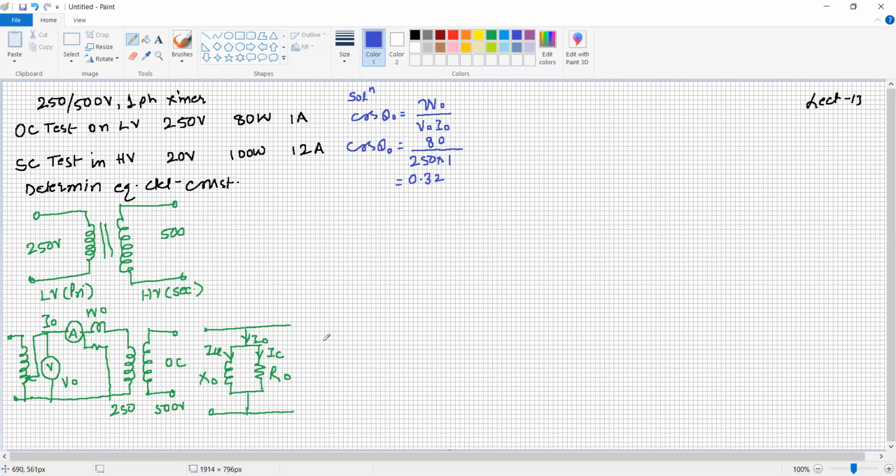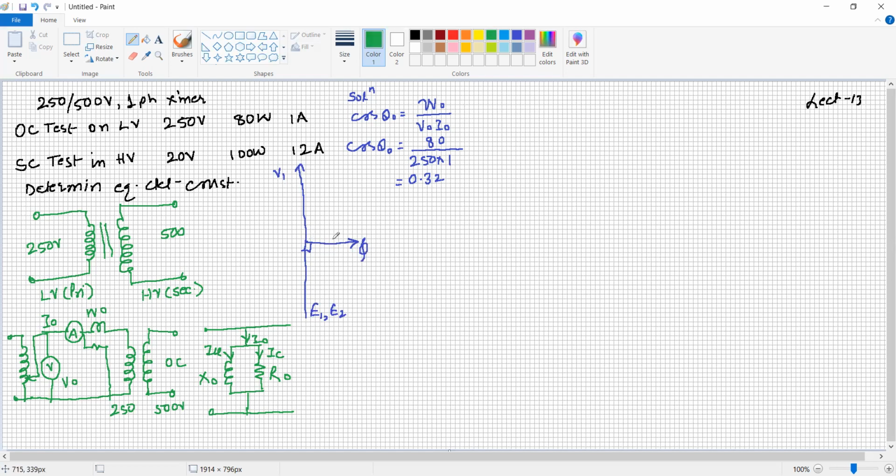Okay. Now, under such condition, this is the no load vector diagram: V1, E1 and E2, which is lagging by 90 degrees with respect to flux phi.